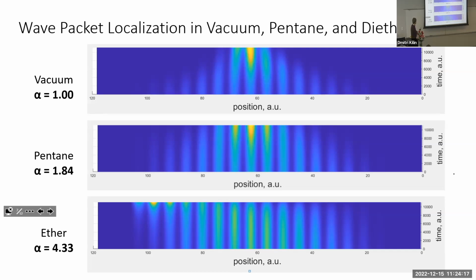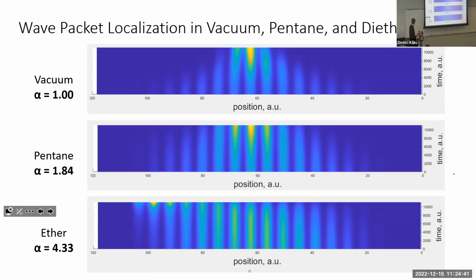As we start to increase the dielectric constant to 1.84 for pentane, the final wave packet is localized compared to its initial width, but it is still slightly less localized than it would be in a vacuum.